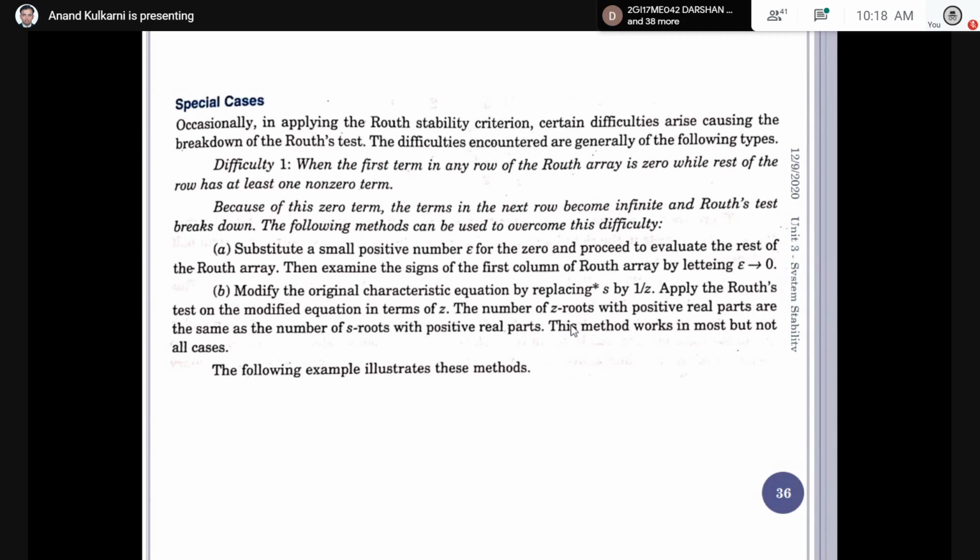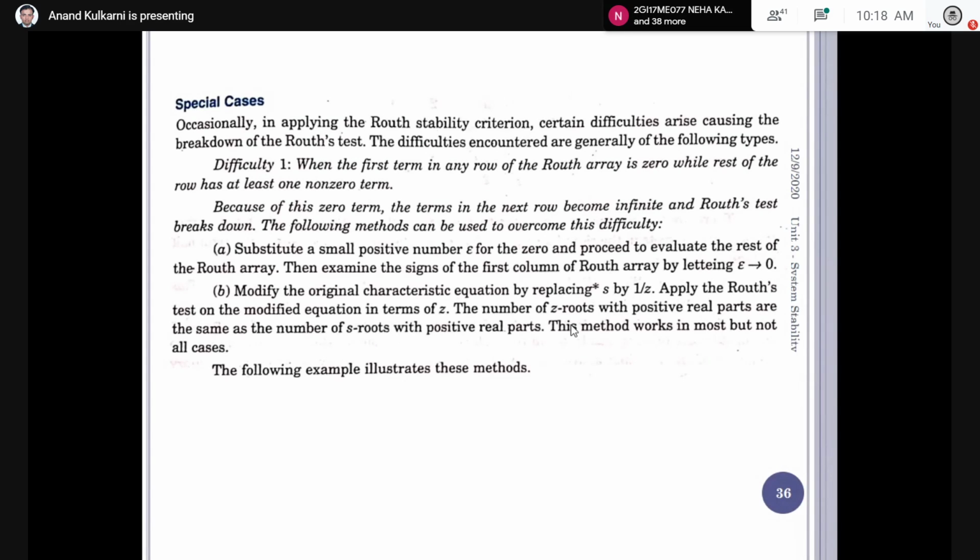You have to divide by it, and when you divide by it, it will become infinity. Then in the next row, it will become 0, or you go on getting terms like infinity by infinity or 0 by 0. 0 by 0 or infinity by infinity terms are not defined, so we should avoid that. So this is the first difficulty.